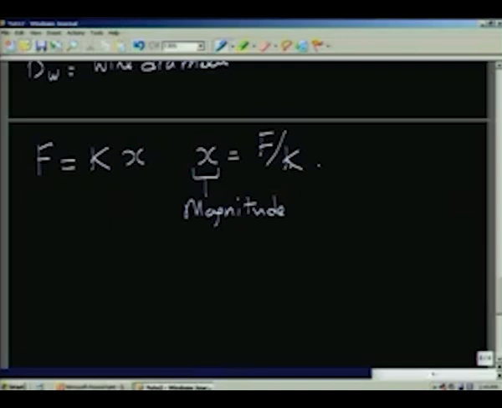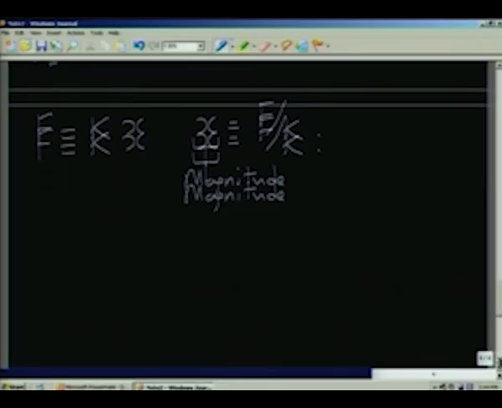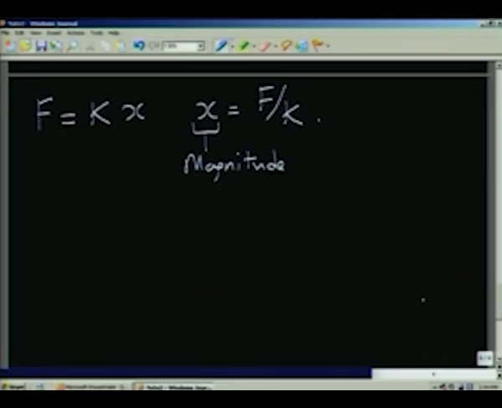The larger the spring constant, the smaller the magnitude of x. Therefore the sensitivity is also determined by this F by k. The spring constant is going to determine the sensitivity of the particular spring material. In fact, we can also have spring material not in the form of a coiled spring.